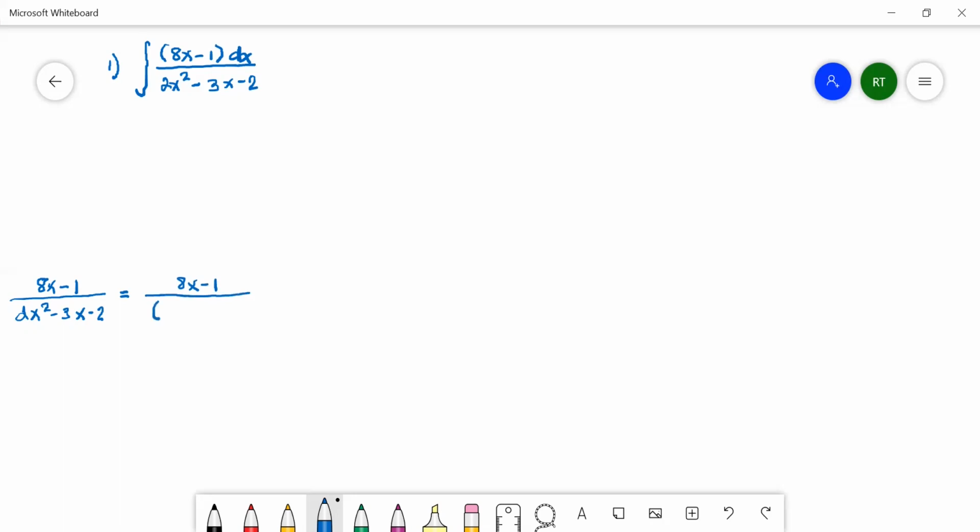which can be factored as 2x, and the other factor will have x here. Since negative 3 is the middle term, this must be negative 2 and this must be positive 1. So to check, 2x times x will give us 2x squared.